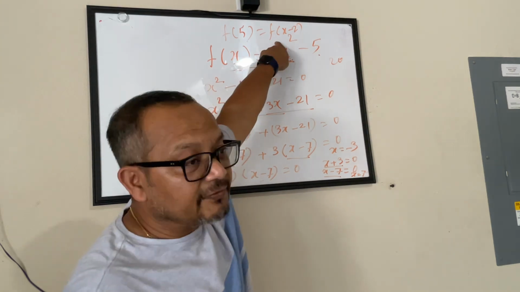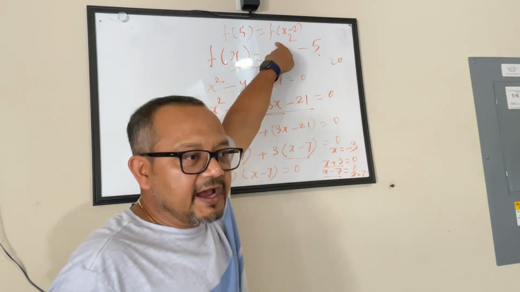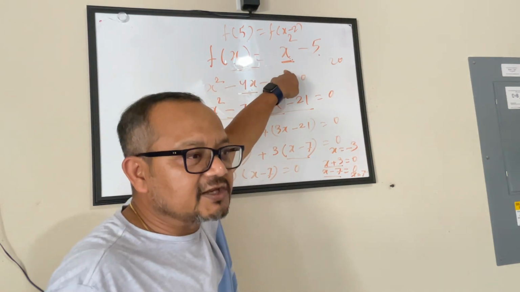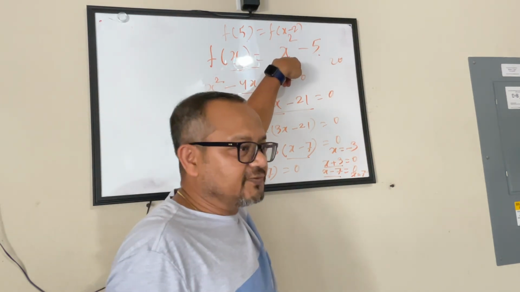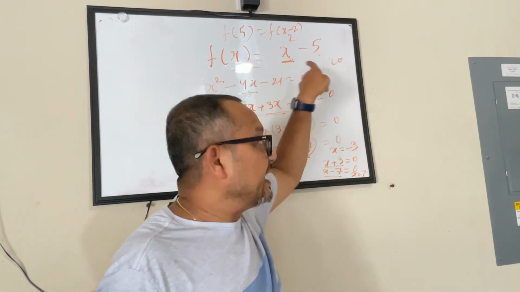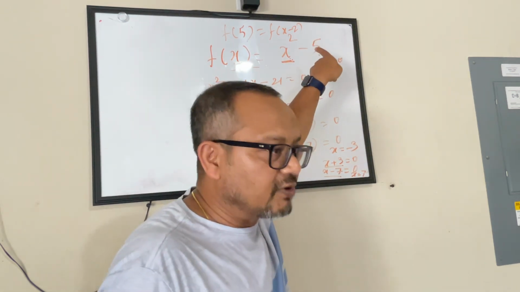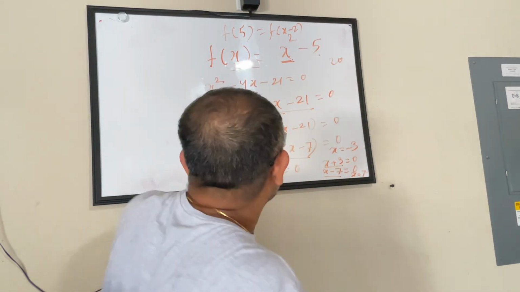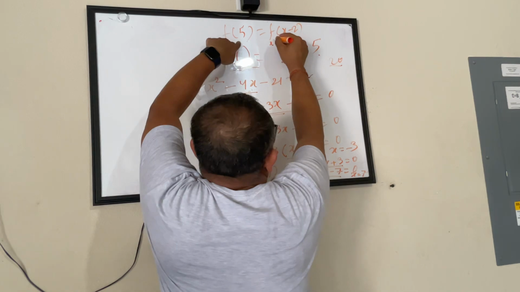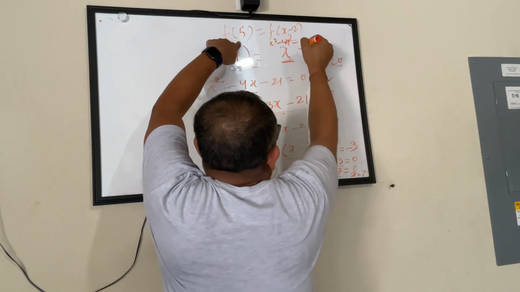Second one is f of x minus 2. I replaced x with x minus 2. That gave me x square minus 4x plus 4 and minus 5, so this gave me x square minus 4x minus 1. Now here f of 5 is 20 and this is x square minus 4x minus 1.